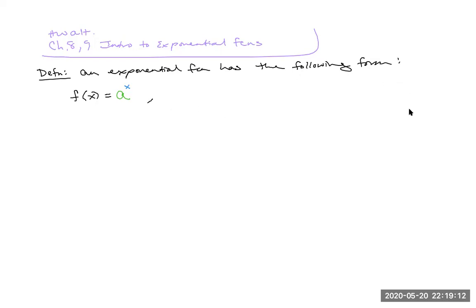Remember that a is your base and x is your exponent. So now we're looking at functions where the part that varies, the input, is going to be in an exponent spot. Later we're going to look at the inverse functions for these, which will be called logarithmic functions. That will be in our next video.